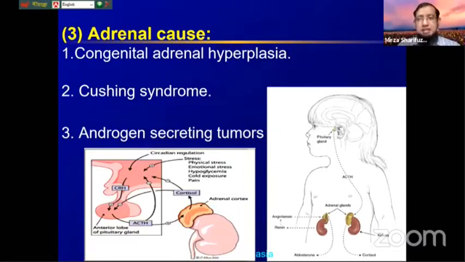Though its incidence is quite low, among the adrenal causes it is the commonest. Certain patients with Cushing syndrome may co-secrete androgen along with cortisol, so this patient may have hirsutism. And again, an androgen secreting tumor in the adrenal may cause a very high concentration of androgen that will cause hirsutism growing rapidly with virilism.